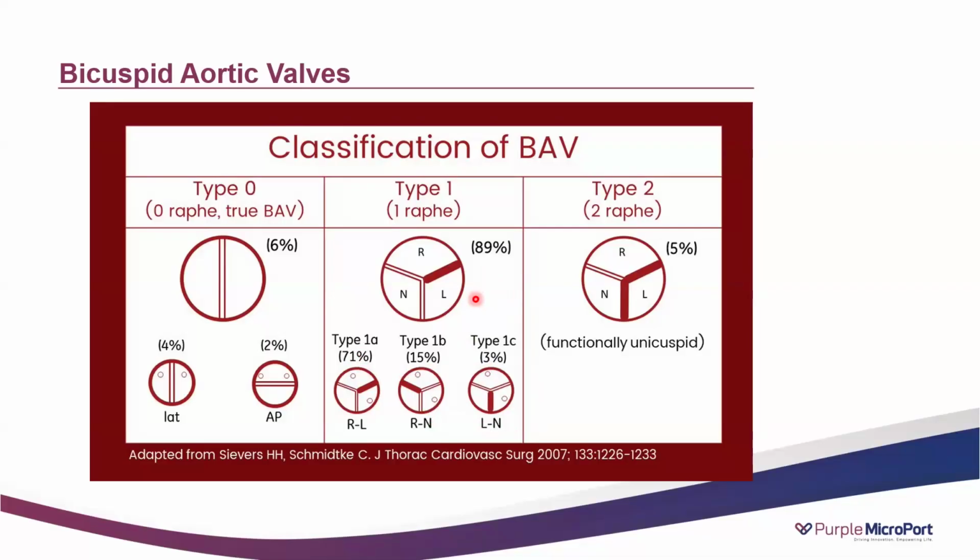Rajni, one question. This type 0 is congenital, but in every bicuspid valve, does this TAVI intervention or replacement need to be done? Yeah, that is a good question. So first of all we need to see the age of the patient.